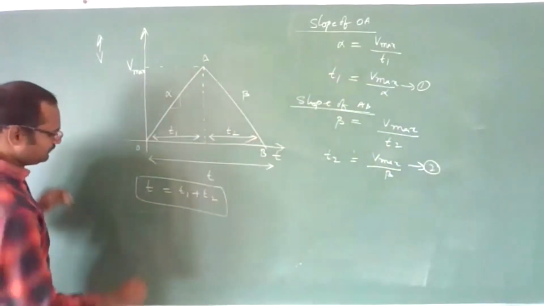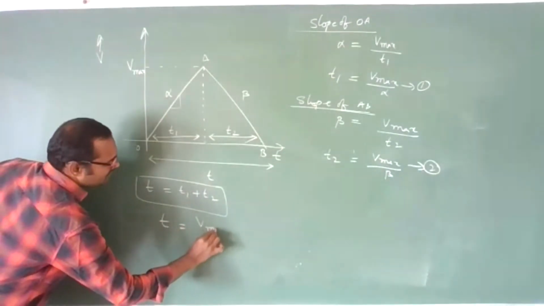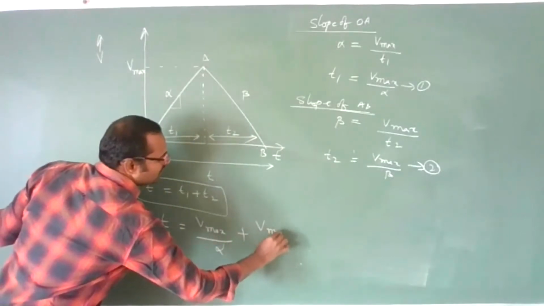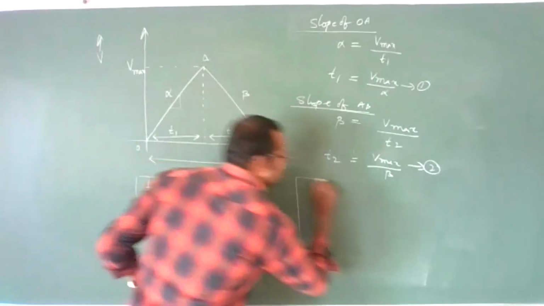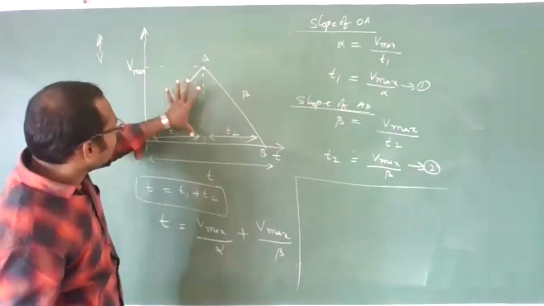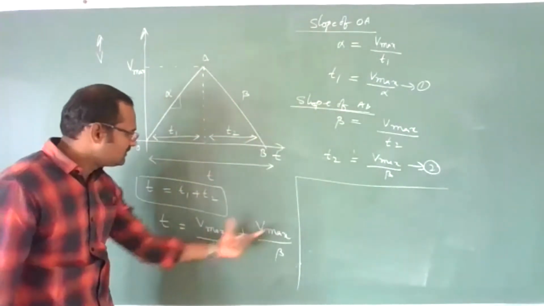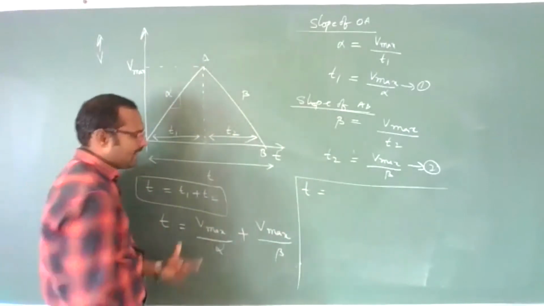Substitute these two here. T is equal to t1, which is V maximum upon alpha, plus t2, which is V maximum upon beta. Correct? Yes. So first you draw this, write these two, then you write this, and here. So T is equal to V maximum and take common.